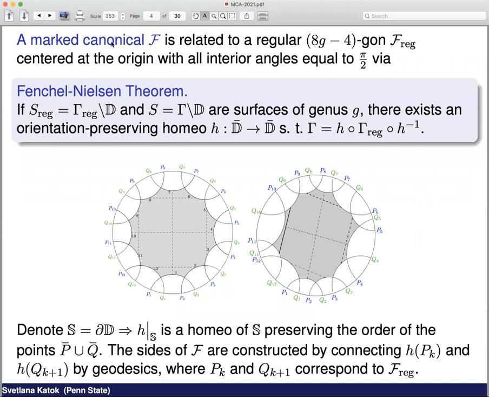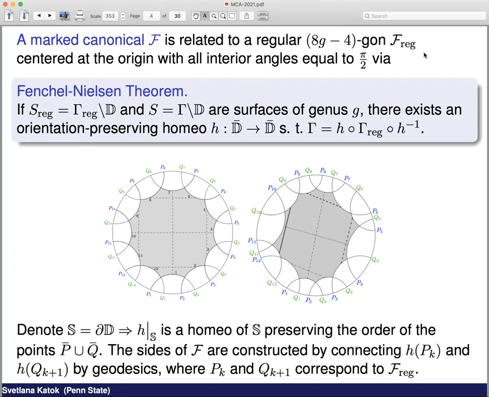Okay, so a marked canonical polygon is related to a regular 8G-4 gon by the famous Fenchel-Nielsen theorem. For the regular one, the regular 8G-4 gon is centered at the origin, and all its interior angles are equal to pi over 2.